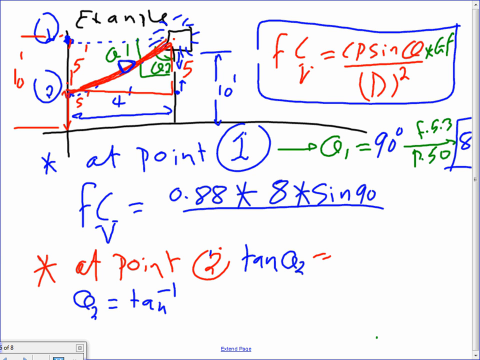Now the distance squared, what's the distance from here to here? Anybody can, what's the distance directly up? 4, right? It's easy, 4 squared. So d squared, 4 squared. If you do the math, you're going to get a 0.44 foot candle. Piece of cake. 0.44 foot candle.